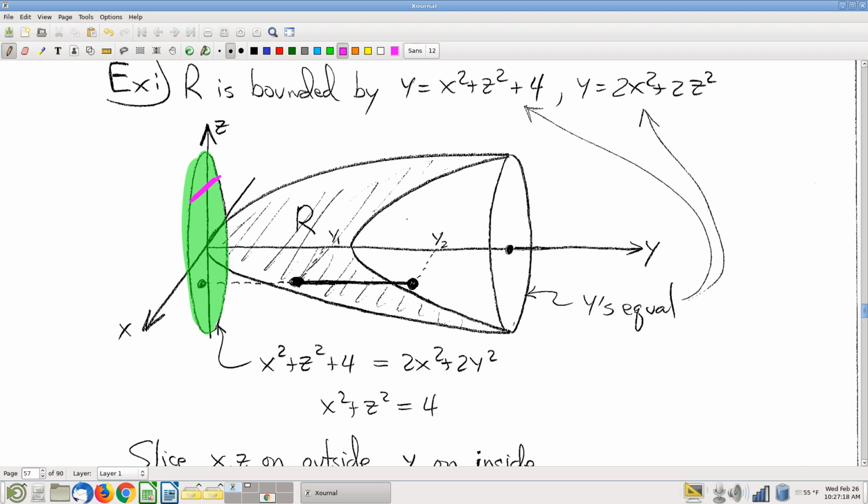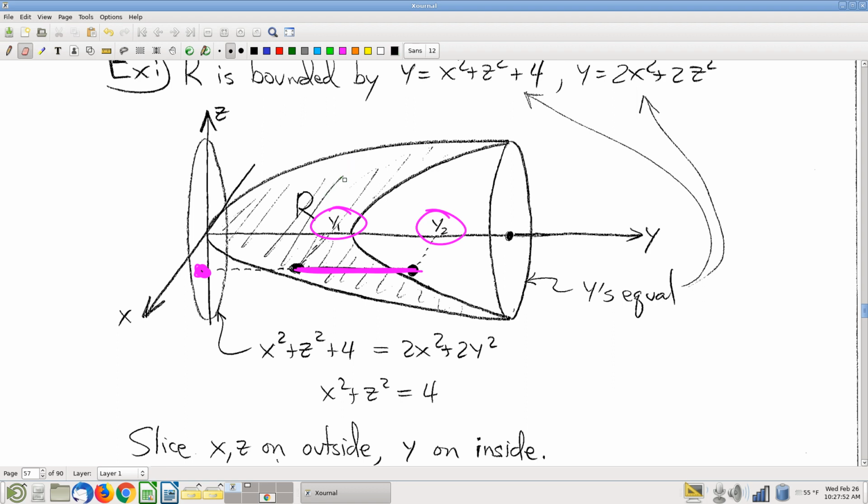Now, one other important little asterisk on this: we don't want ugliness to project its way into our simple shadow or projection in the xz plane. So let's further notice that not only is the projection nice, but for every point in the projection, the corresponding range of values for y, when we get to that dy integral, is a nice simple line segment.